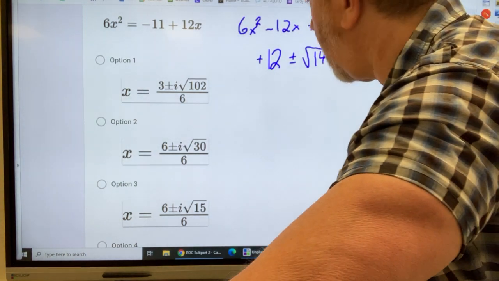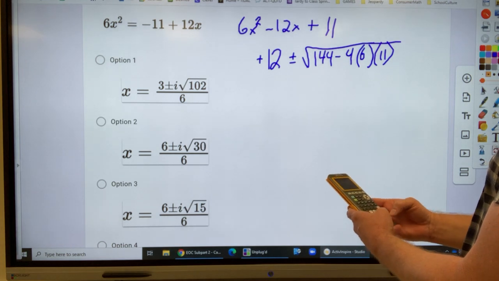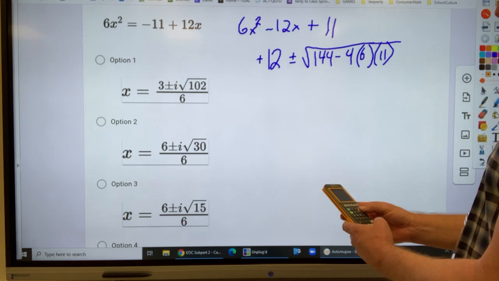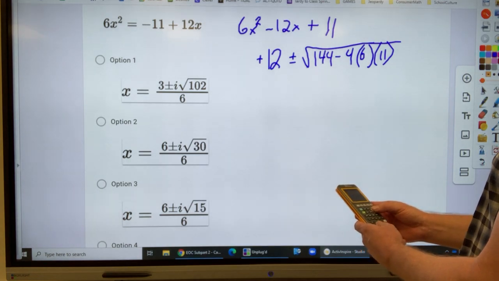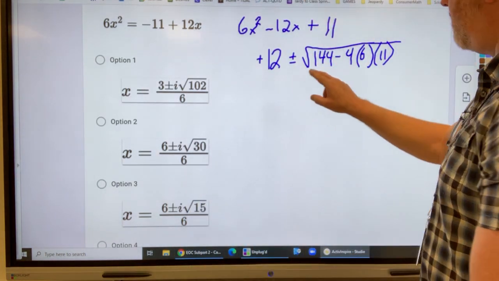All right, so 144 minus, oh, that was 264. There's my problem.